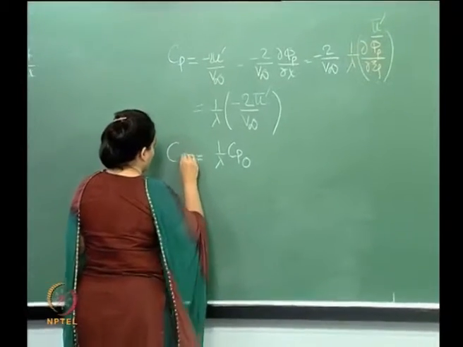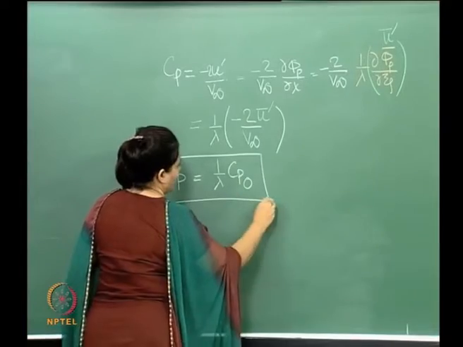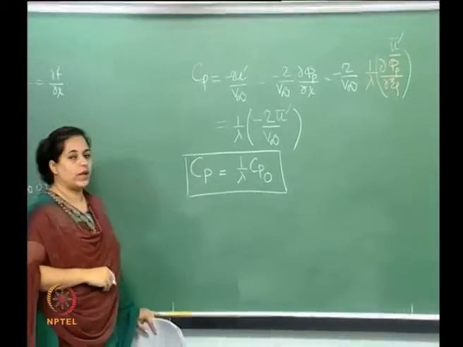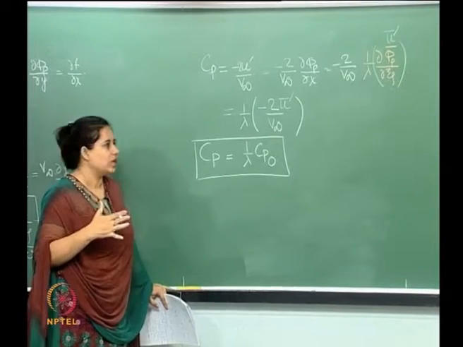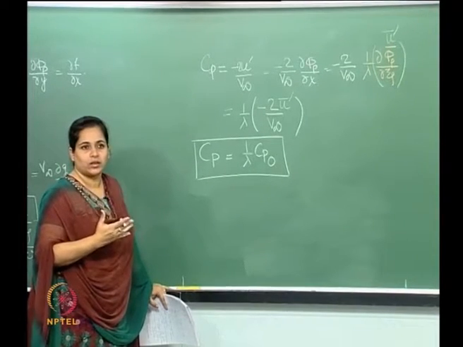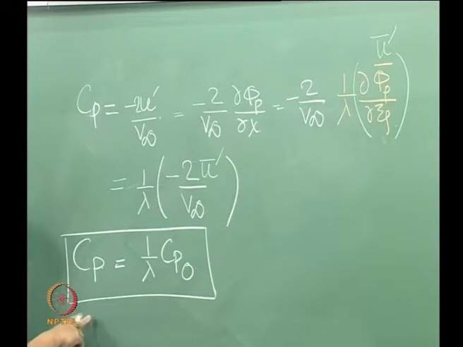So, therefore, in the case that we are considering, for any 2D subsonic flow, the compressible pressure coefficient is basically given as 1 by lambda times the incompressible pressure coefficient, okay. The lambda is basically the transformation used.